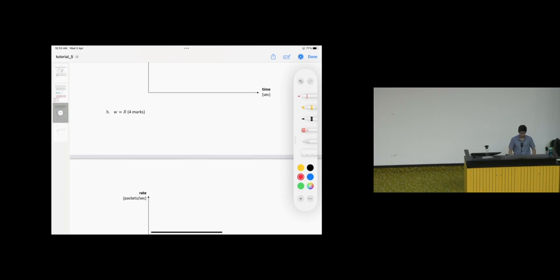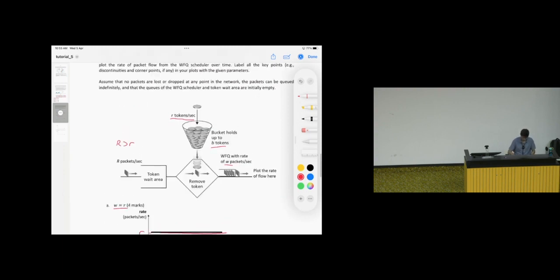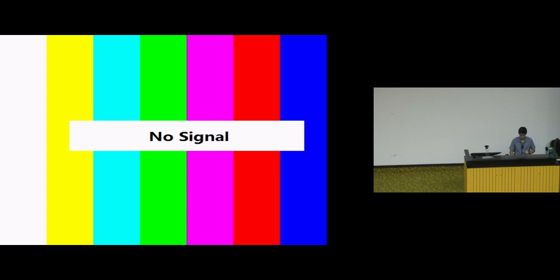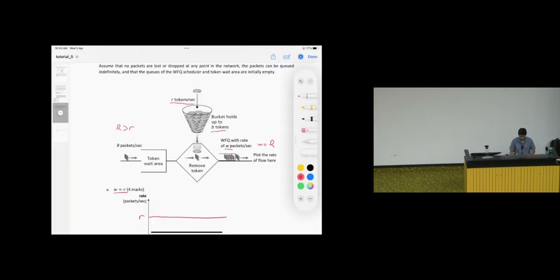So in B, now W equals capital R. So suddenly, I can push capital R packets per second here, but my leaky bucket regulates my average flow.